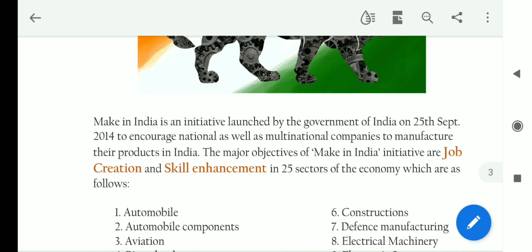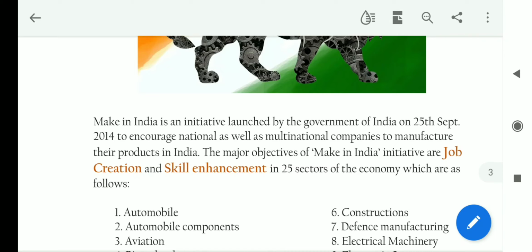The major objectives of the Make in India initiative are job creation and skill enhancement in 25 sectors of the economy, which are as follows. The major objective was job creation, as unemployment was the issue. If industries are established in India, that leads to employment generation.